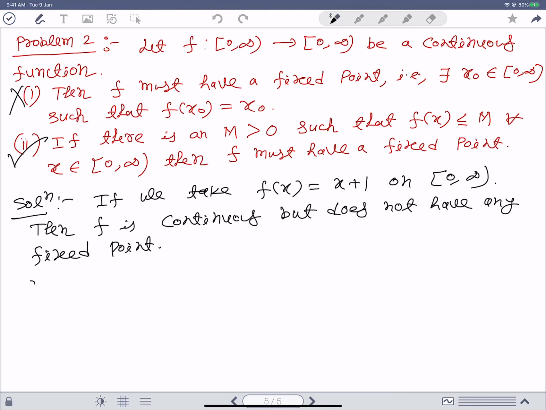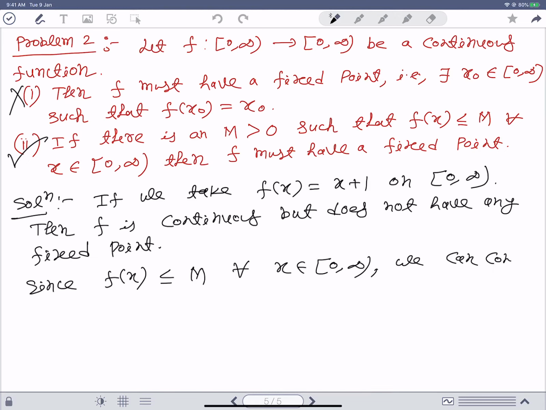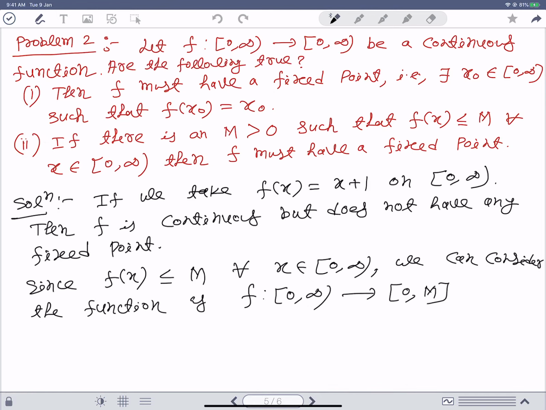Because note that since f of x is less than or equal to m for all x in [0,infinity), we can consider the function f from [0,infinity) to [0,m].